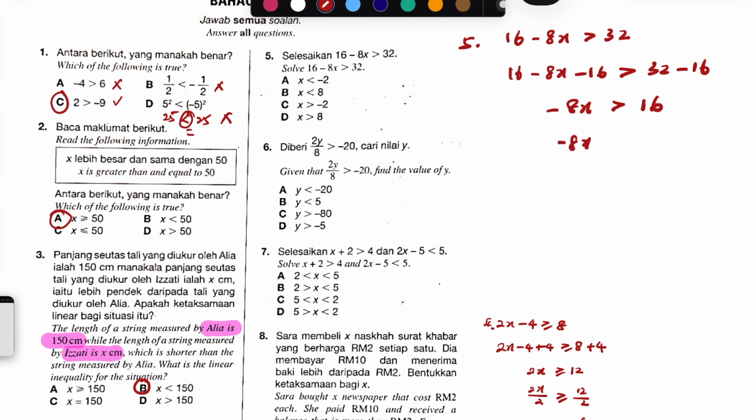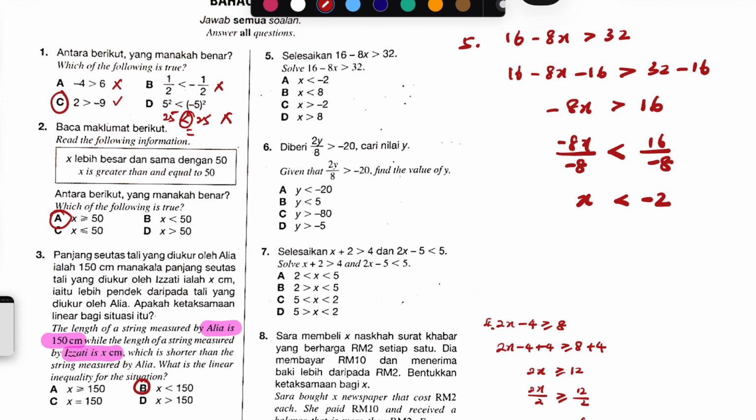When I divide both sides by negative 8, as I mentioned earlier, when you multiply or divide by a negative number, the sign of inequality will change to the opposite. So greater than will become less than. Therefore, the answer is x less than or equal to negative 2. So which one is the answer?